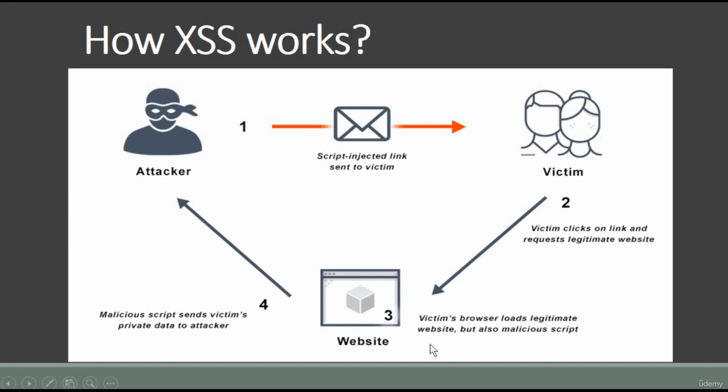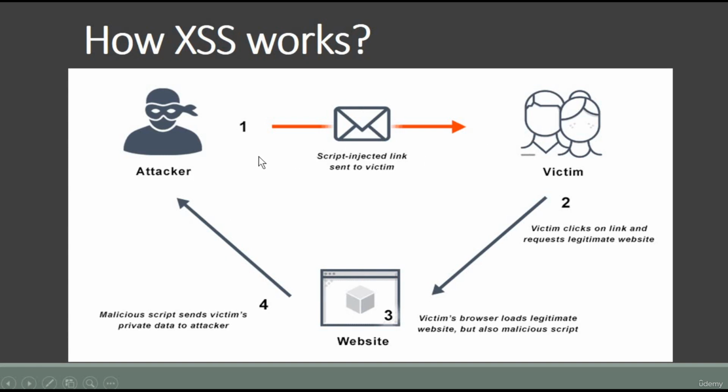Now, what will happen once the malicious script executes and the website opens in the browser? You can get the session tokens, the cookies, and the sensitive information. So this is the fourth step, where the malicious script sends the victim's private data to the attacker, right? I hope this concept is very clear, that this is how XSS works, and it's a very easy one.